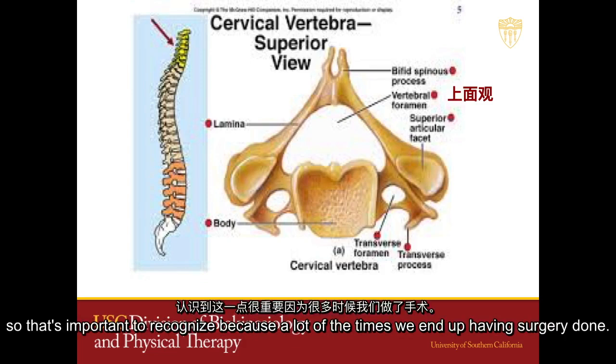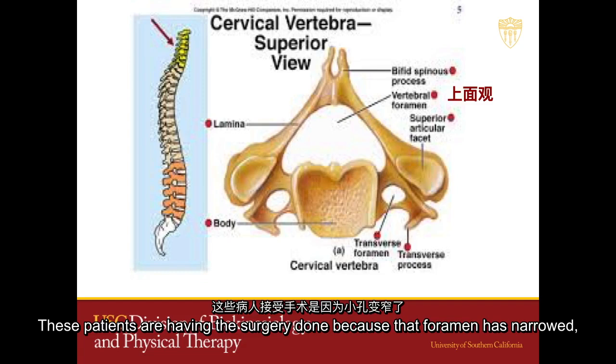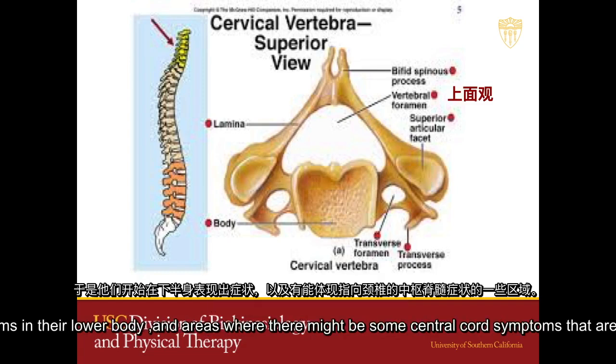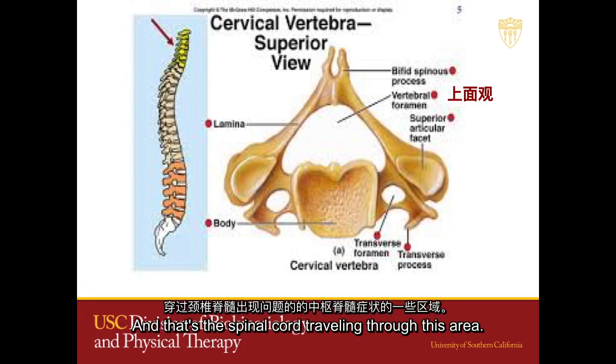So that's important to recognize, because a lot of the times we end up having surgery done. These patients are having this surgery done because that foramen has narrowed, and so they're starting to demonstrate symptoms in their lower body and in areas where there might be some central cord symptoms that are specific to problems of the cervical vertebrae and the spinal cord traveling through this area.